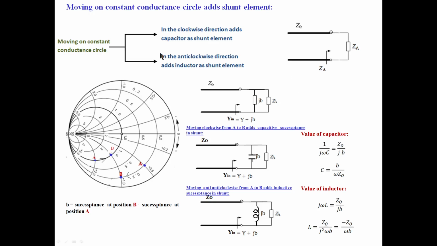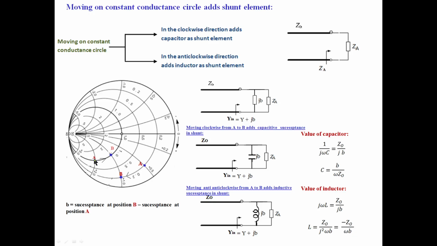This is a summary. Moving on the conductance circle in the clockwise direction adds a capacitor in, sorry, shunt, and its value is given by this equation. Moving anti-clockwise adds the inductor, its value is calculated like this.